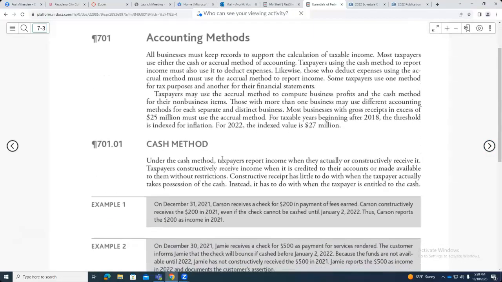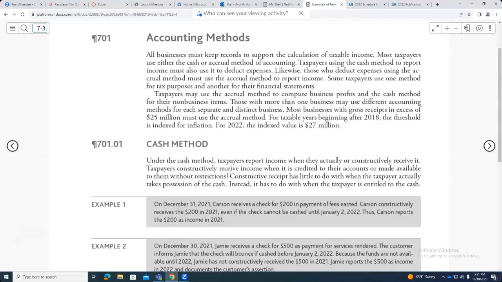So on the cash method, taxpayers report income when they actually or constructively receive it. So the income will be recorded and recognized only when you receive cash. Taxpayers constructively receive income when it's credited to their account or made available to them without restrictions.